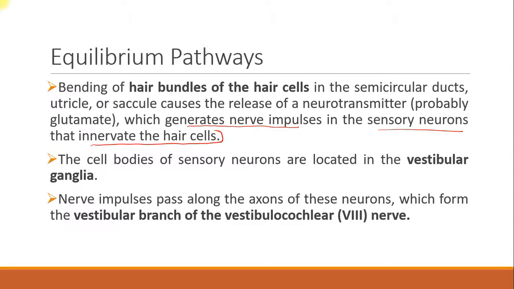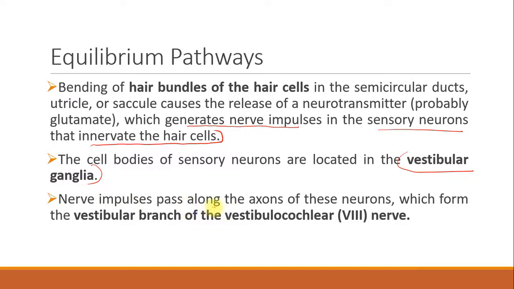The cell bodies of these sensory neurons are located in the vestibular ganglia. In the hearing pathway it was the cochlear ganglia, but as these sensory neurons innervate the vestibular apparatus of the inner ear, their cell bodies lie in the vestibular ganglia.